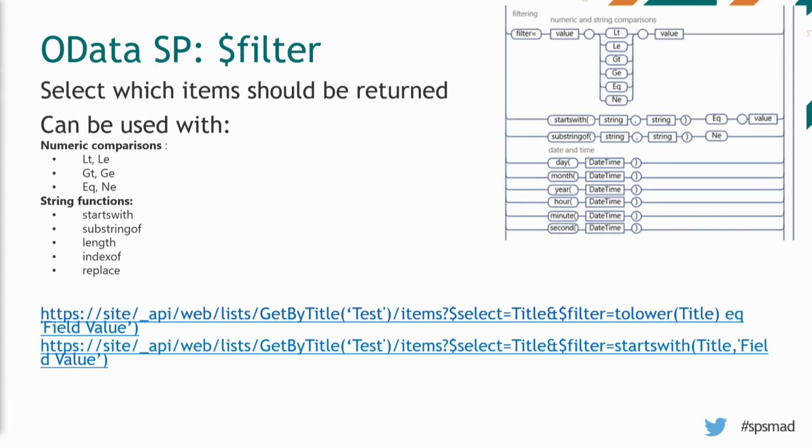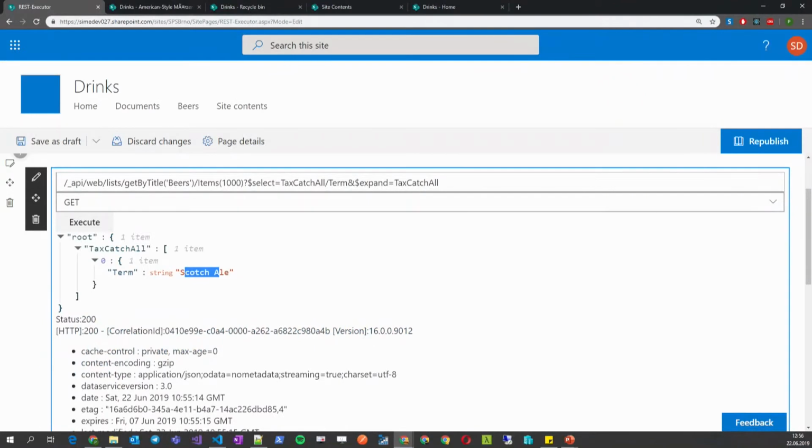For example, we can decide, OK, I would like to receive all the items where title equals some beer name. So if I come back to our report and execute the query, give me some properties about the item where title equals old chap.